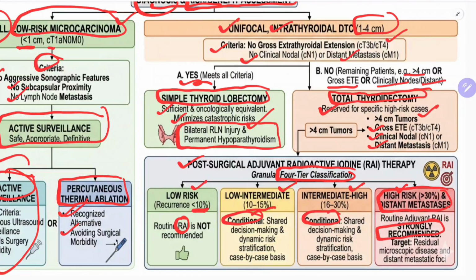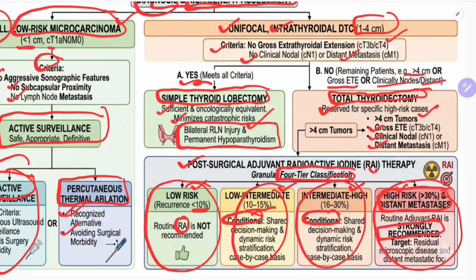The target is residual microscopic disease and distant metastatic foci. With radioactive therapy, as we have learnt, the patient will have permanent hypothyroidism, and it will damage the cancer cells permanently. So it is not recommended in low risk and it is highly recommended in high risk, but in intermediate risk it depends on a case by case basis.